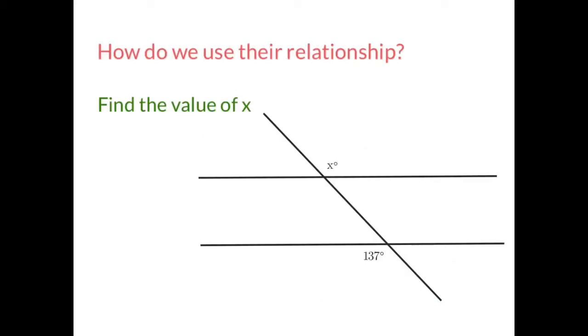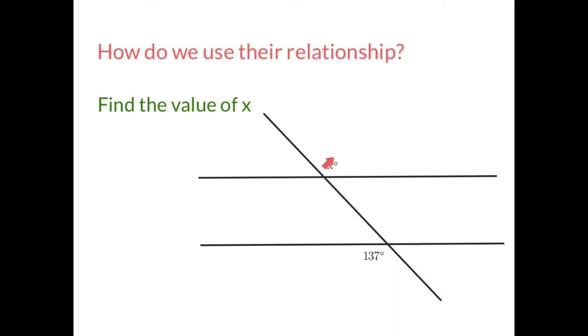That's very helpful when trying to find missing angle values or variables, if the case may be. So this first example of how we're using that relationship where they're congruent, we're going to find the value of x. Well, we're trying to figure out the angle measure over here because x is labeled with a degree, and I know that it's on the outside of the parallel lines up here, and the only other thing that's labeled for me is the 137 down here, and that's also on the outside. And if you compare their position to the transversal, they are on opposite sides of the transversal.